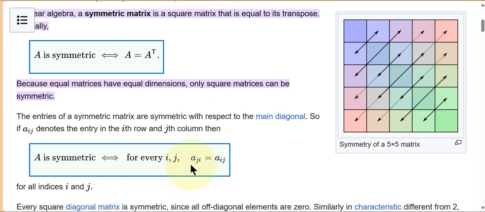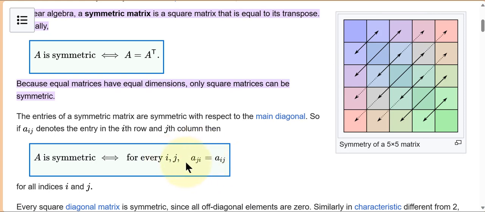Or you can also focus in on the individual elements. So we just said, for example, this element and this element are the same. So if you take this element compared to this element, this would be Aij, for example. Then this would be Aji. So we can say that Aji is the same as Aij for every i and j.